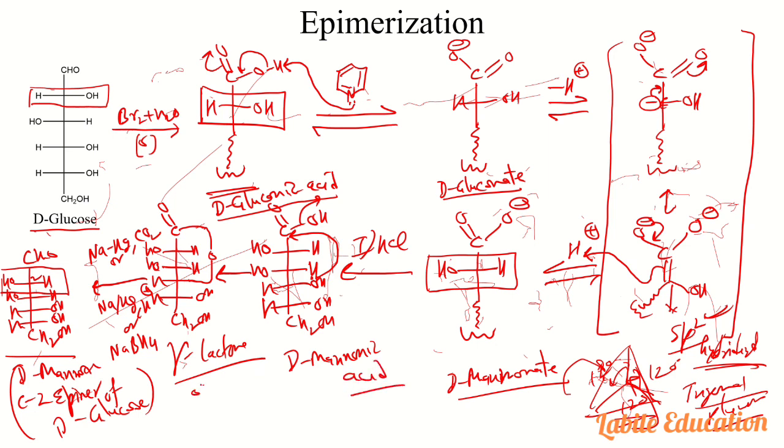Now this is the gamma lactone of D-mannonic acid, and finally we have got the C2 epimer of glucose. So that is the D-mannose. So this is the epimerization.